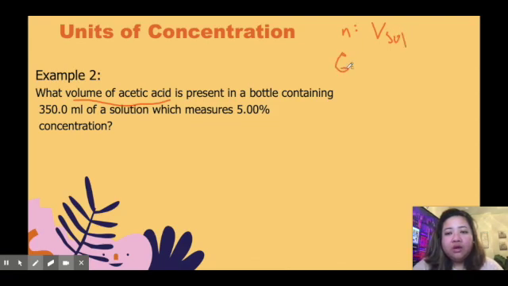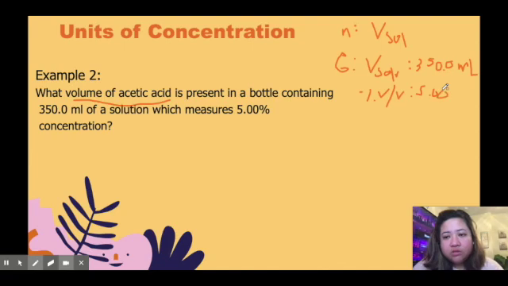For our given, the given is the volume of the solvent, which is 350 ml, and the percent by volume, which is 5.0%.